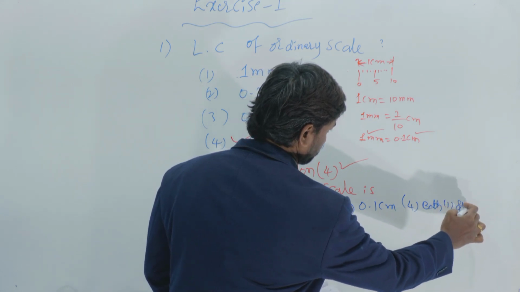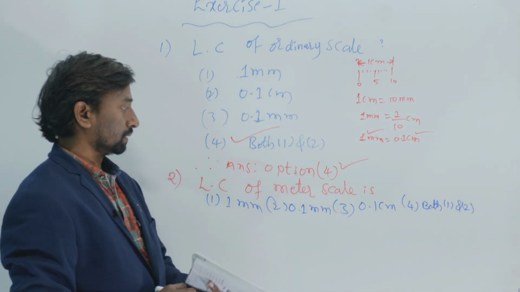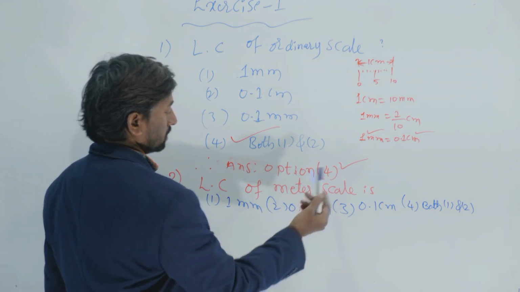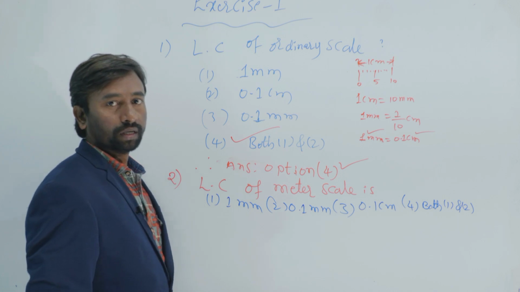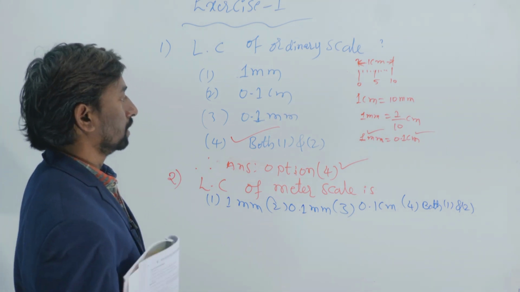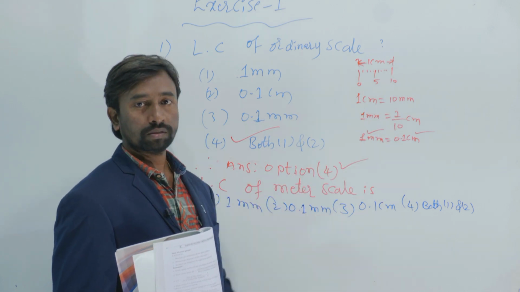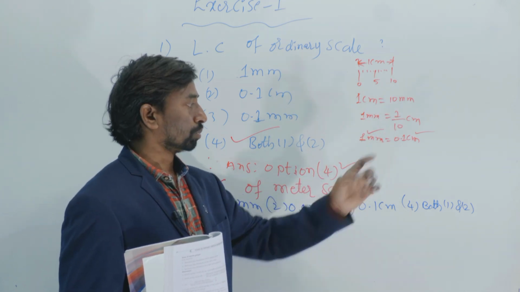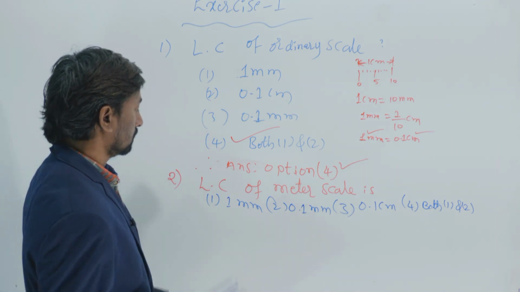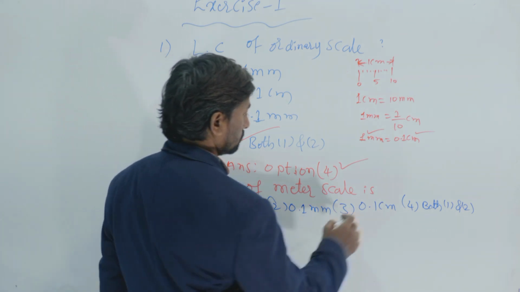It is the same as before, the least count of meter scale. There are 100 centimeters in a meter scale, and each centimeter contains 10 millimeters. Then 1 millimeter is equal to 0.1 centimeter. So the answer is 1 millimeter and 0.1 centimeter.